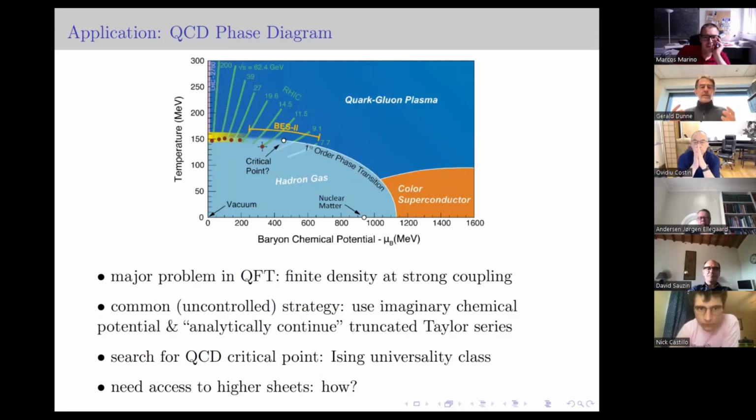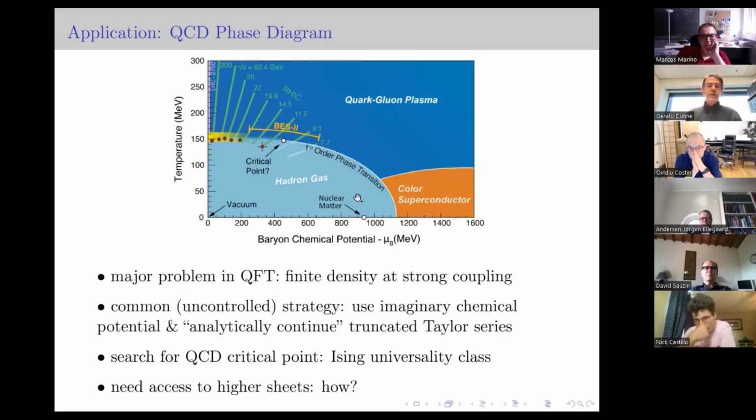In quantum field theory, there is a major outstanding problem, which is the phase diagram of quantum chromodynamics, the structure of subnuclear physics. So what's going on? As a function of temperature and essentially density, the structure of matter changes dramatically. And we know some things about this phase diagram, but we actually know very little.